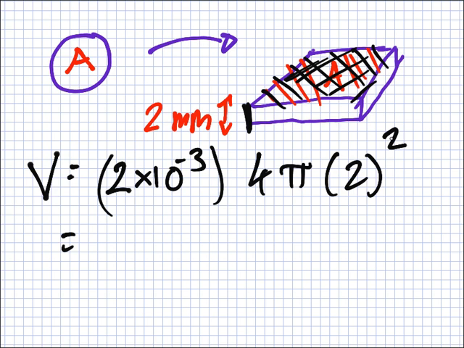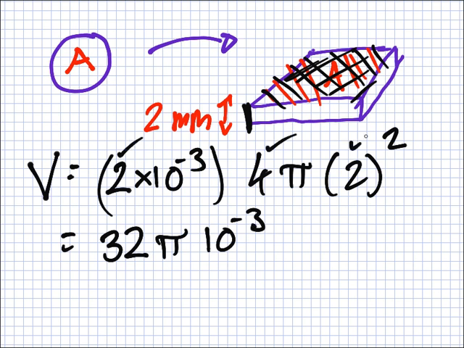So that's 2 times 4 times 4 is 32 pi times 10 to the minus 3, which is 0.032 pi, which equals... anyone have that?